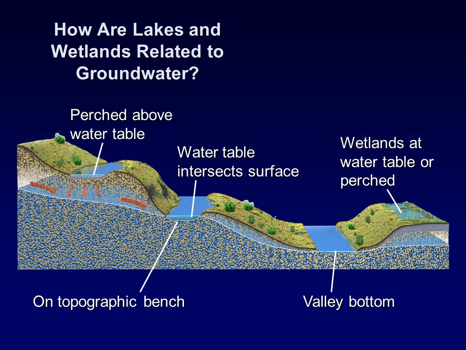Or we can compare the chemistry of the lake water with runoff and with groundwater. So in those three ways, we can see how all of these are connected, if we have flow between them, or if they are isolated.